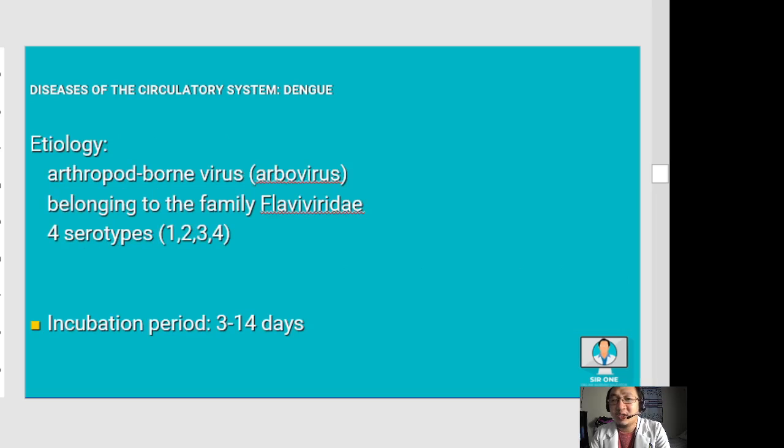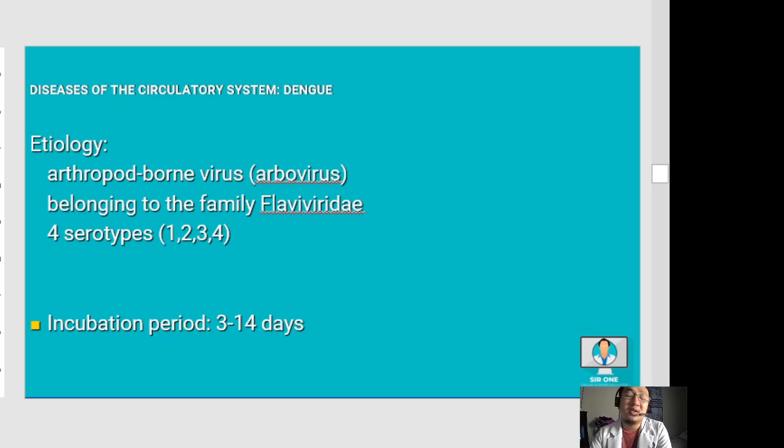So the etiology and the causative agent is either a flavivirus or arbovirus with serotypes dengue virus 1, 2, 3, and 4. And based on one resource, its incubation period is 3 to 14 days.